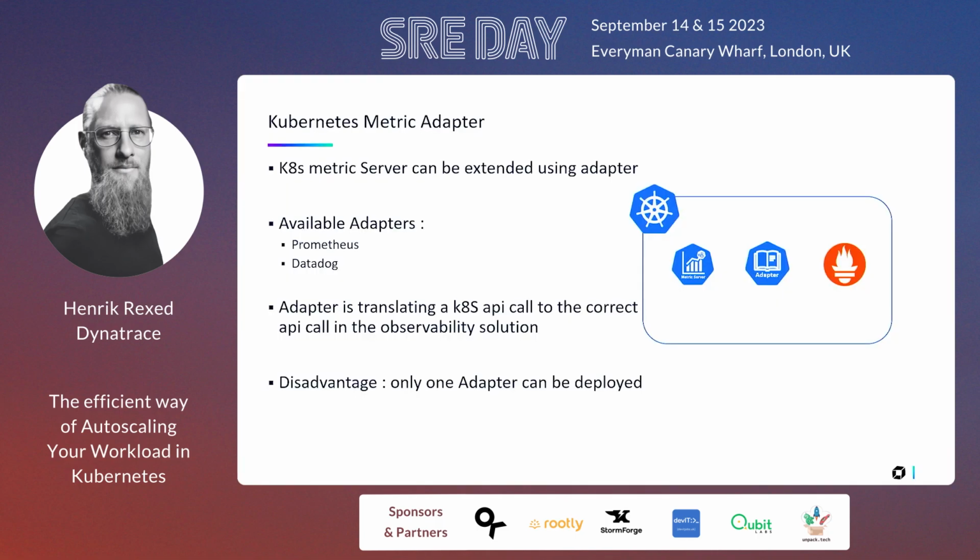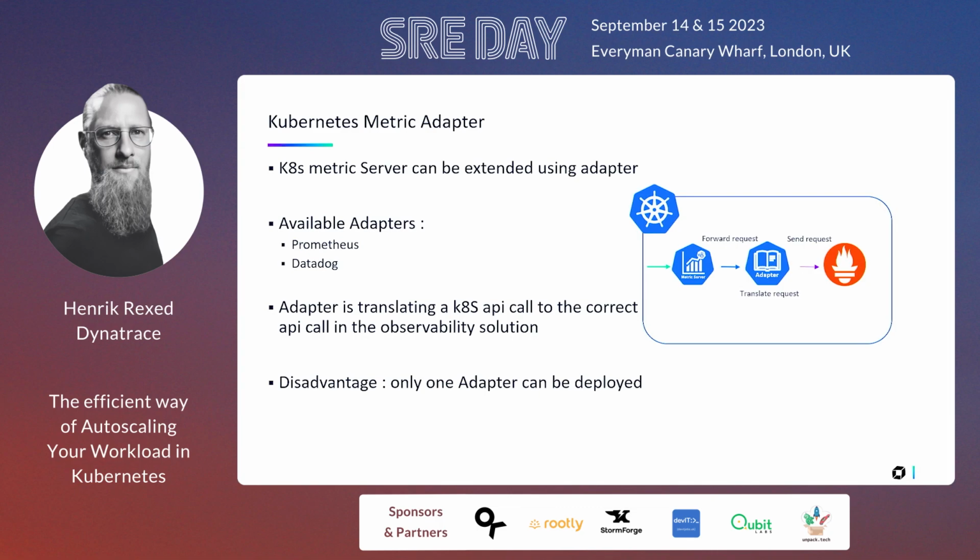Well, you have two ways of doing it. If you're using HPA and want to extend your metric server, then we can use what we call metric adapters. A metric adapter means you deploy an adapter in your cluster. Any system in Kubernetes sends a request to the metric server, and it says, this is not a metric that I have, so I'm going to connect to the metric adapter.